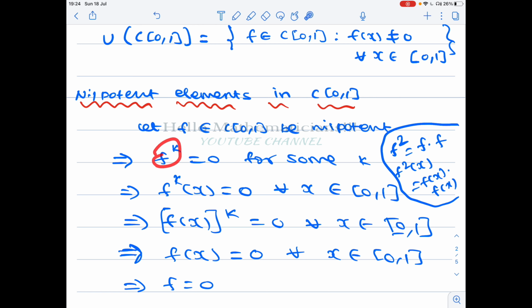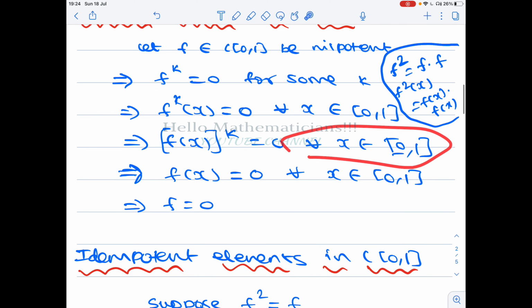So f^k equals the constant function 0 means that f^k(x) equals 0 for all x in [0,1]. Since the multiplication is pointwise, f^k(x) equals f(x) to the power k, which is equal to 0 for all x in [0,1].